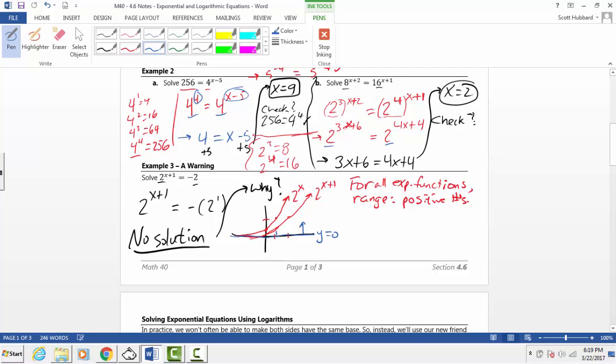Always above. So what that means is that 2 to the x plus 1 has to be bigger than 0. And so if I try to solve this equation, 2 to the x plus 1 equals negative 2, well, that's impossible, because 2 to the x plus 1 is always going to be bigger than 0. Always. So that's impossible.